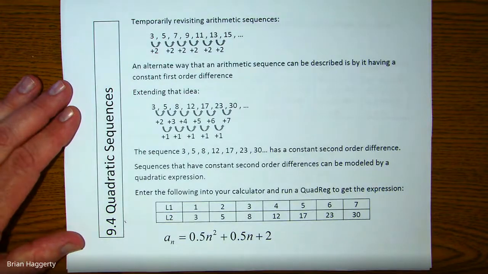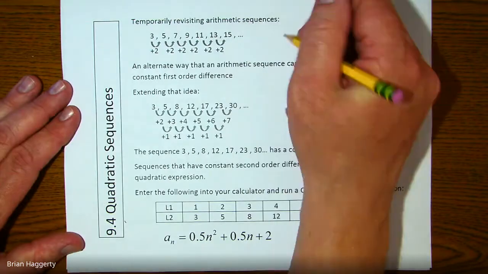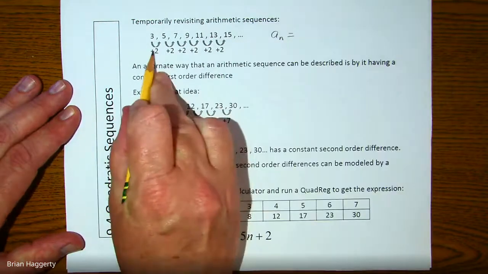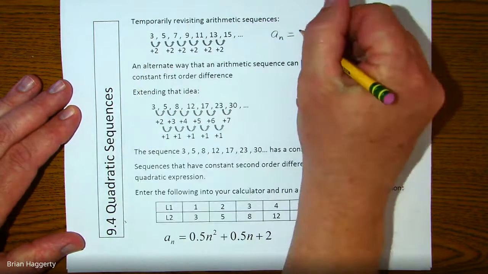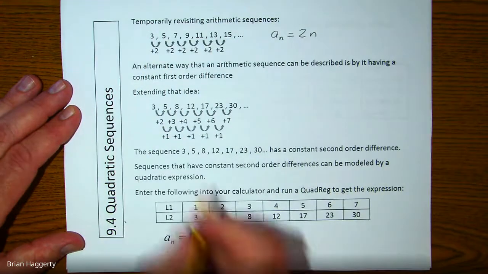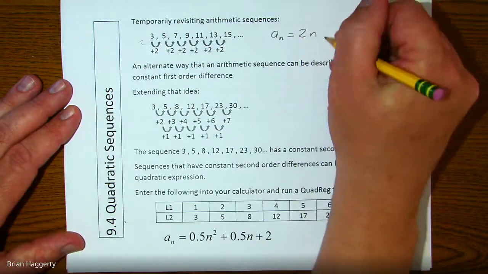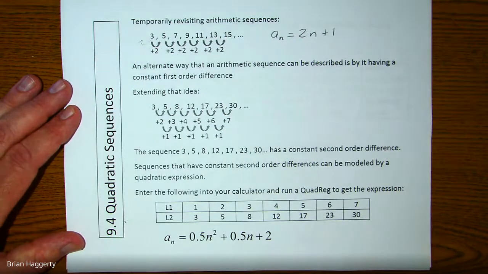We could classify it as arithmetic. And if we wanted to write an explicit formula for this, using the method that I showed you guys, whatever that common difference is the coefficient of your variable. If there was one more term in front, what would it have to be in order to make this true? We get a sub n is equal to 2n plus 1.